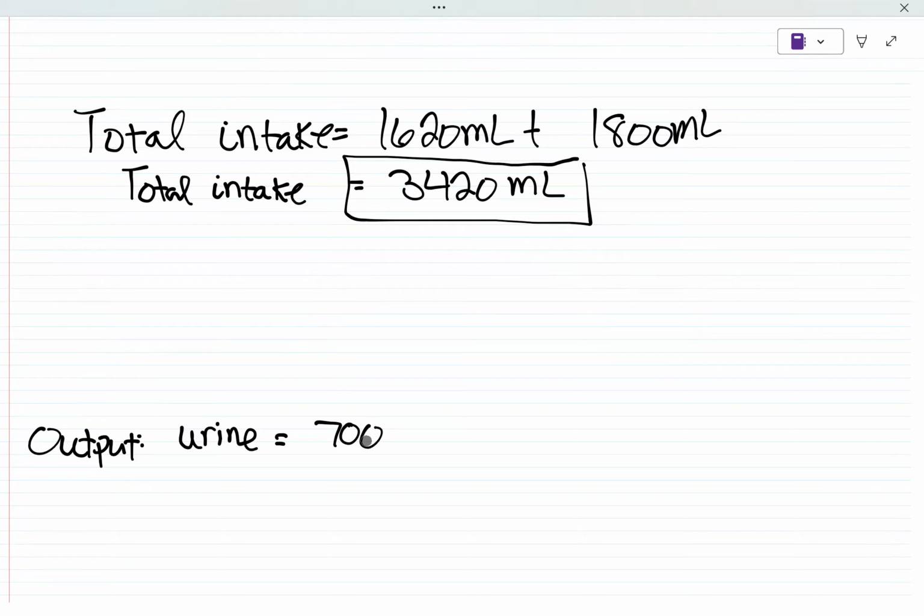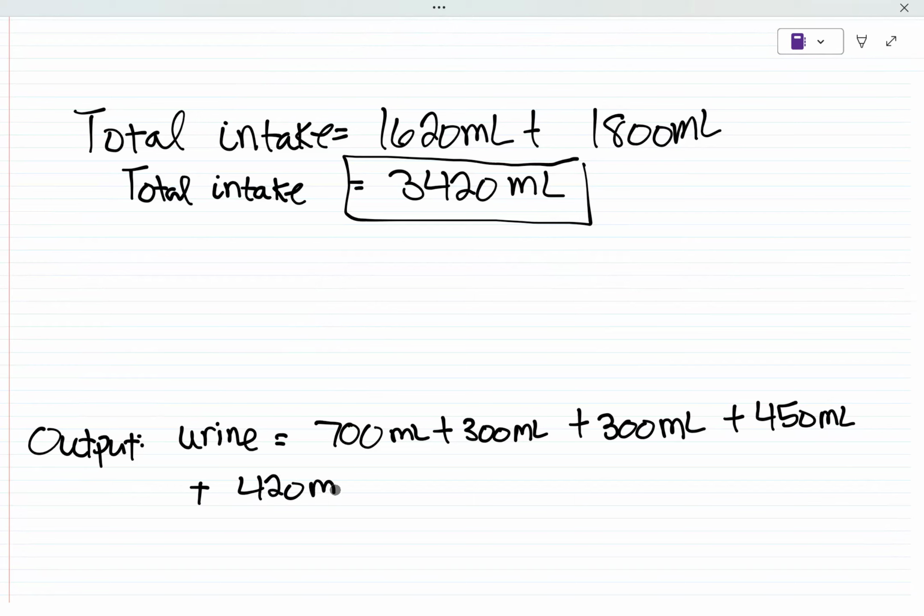It's all right there in the problem, so just add them up. So 700 milliliters plus 300 milliliters plus 300 milliliters plus 450 milliliters plus 420 milliliters plus 500 milliliters. When you add them all up, you get 2670 milliliters.